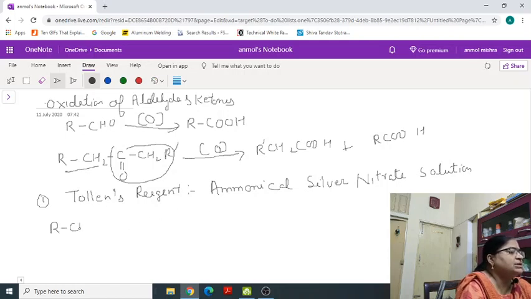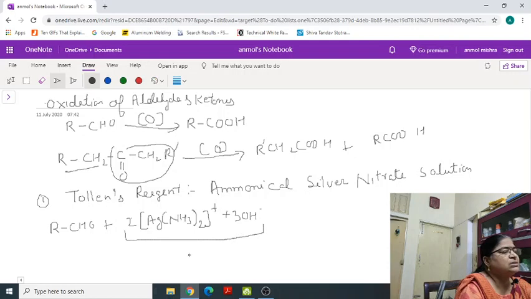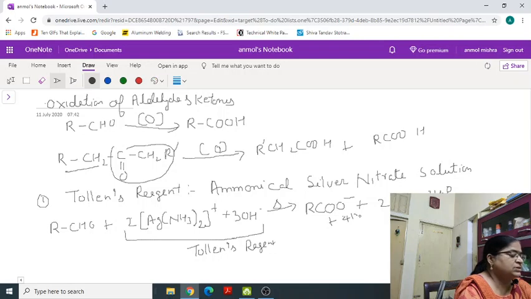When an aldehyde reacts with Tollens reagent, this is collectively known as Tollens reagent, and when it is heated, it forms a silver mirror at the side of the test tube, which is just like a mirror in which we can see our face.